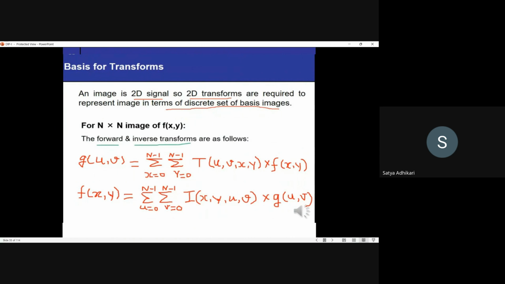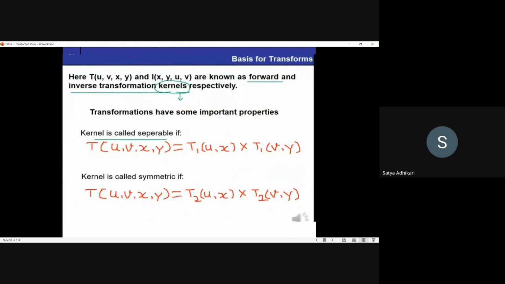Similarly, the kernel is called symmetric if it is using T1(u,x) and T1(v,y). That is, u is associated with x and v is associated with y.